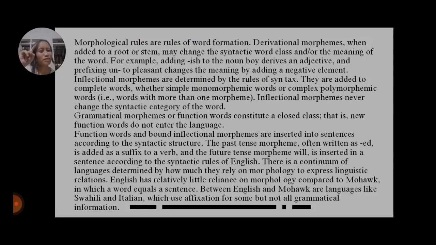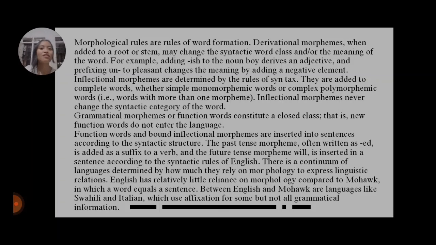Grammatical morphemes or function words constitute a closed class, that is, new function words do not easily enter the language. As I discussed in the other part, function words are in the grammatical domain, and content words are in the semantics, or the meaning itself.